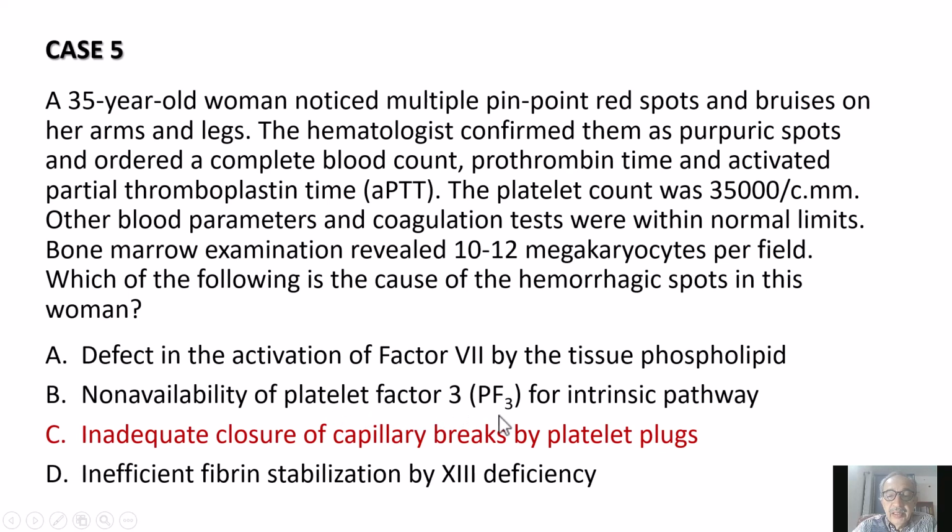Platelet factor or phospholipid is sometimes known as the incomplete thromboplastin, partial thromboplastin, whereas the tissue factor is the complete thromboplastin that will replace it. They're all normal. For fibrin stabilization factor 13 deficiency, there is no indication of factor 13 deficiency. So C is the correct answer.